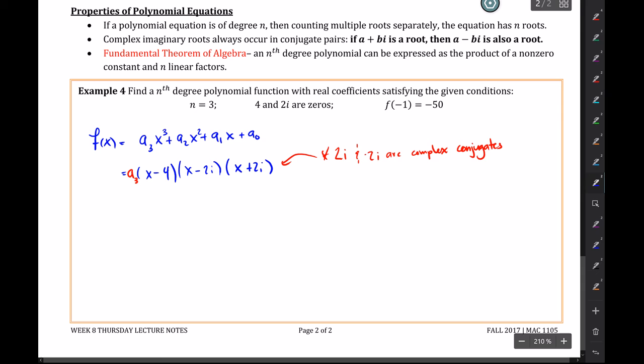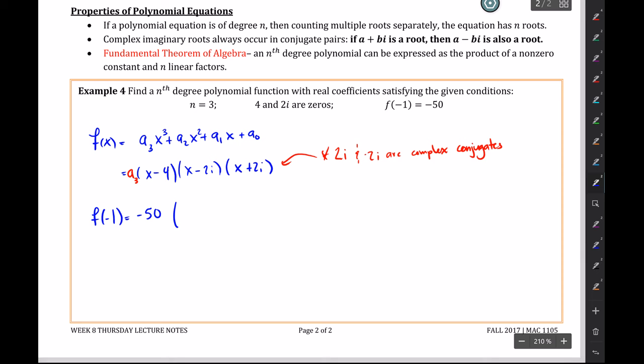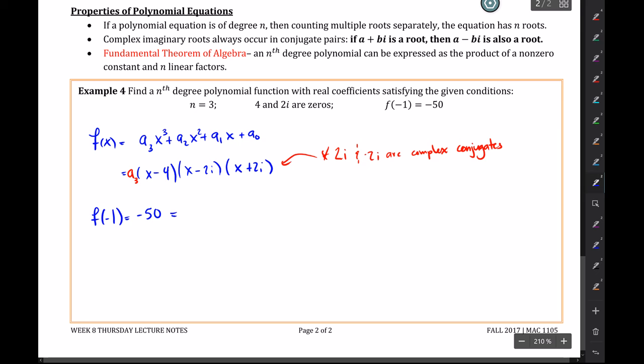And now what we want to do is we're given this condition that f of -1 is equal to -50. So we're going to use that to solve for that a sub 3. So what I have is a sub 3 on the left-hand side, and I'm plugging in -1. So I have -1 minus 4, and -1 minus 2i, and -1 plus 2i.